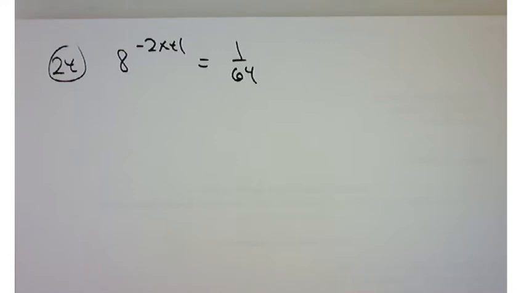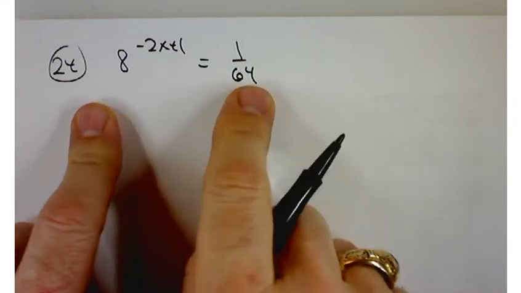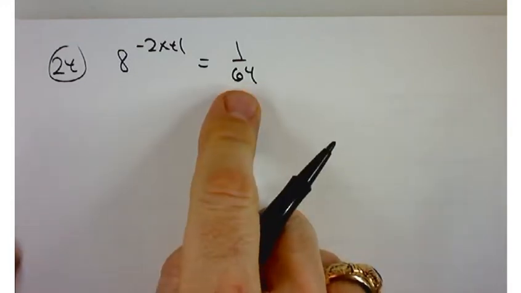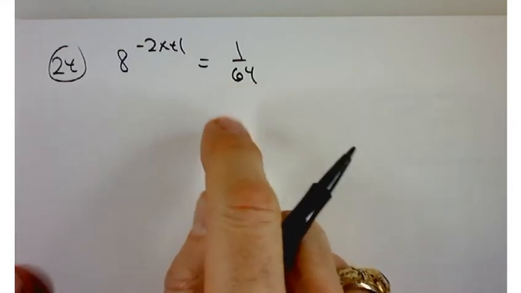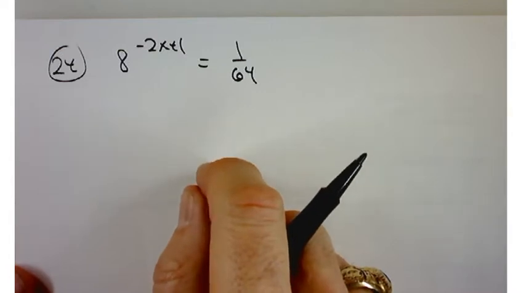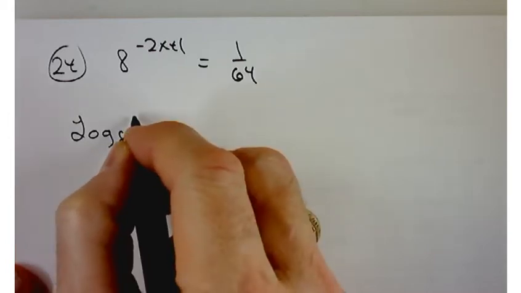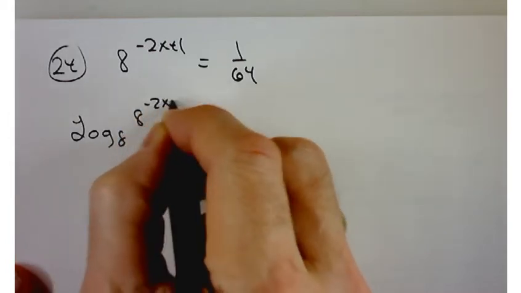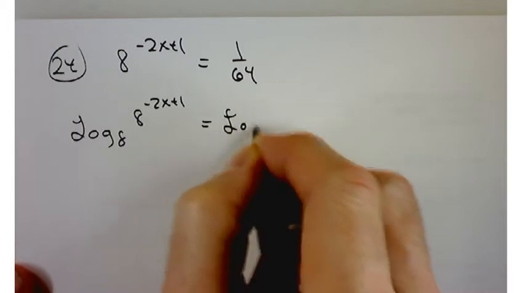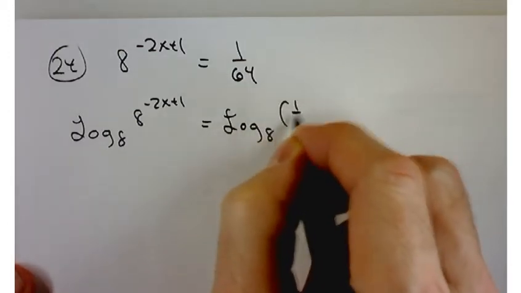Taylor, maybe you can start us on this one. What should we do to both sides to get rolling? Something with 8. Okay. Yeah, we'll take the log base 8 on both sides. Log base 8 of 8 to the negative 2x plus 1 equals log base 8 of 1 over 64.